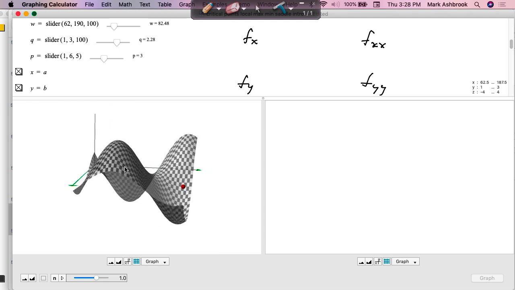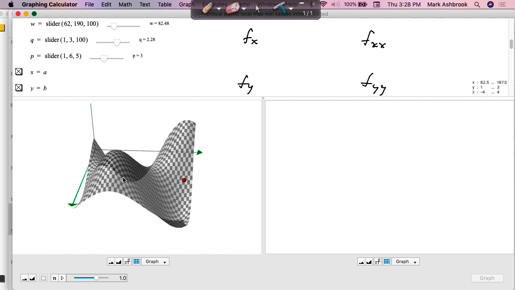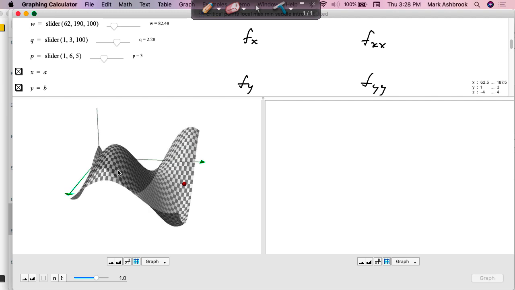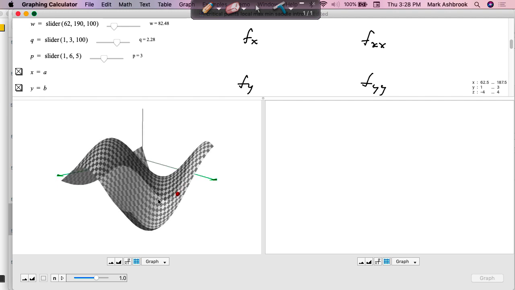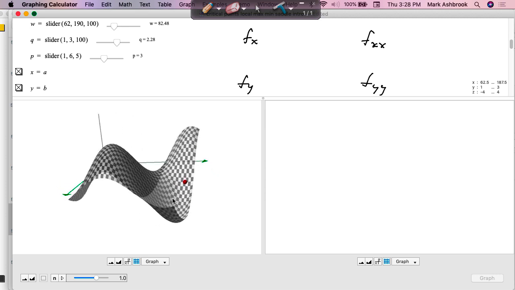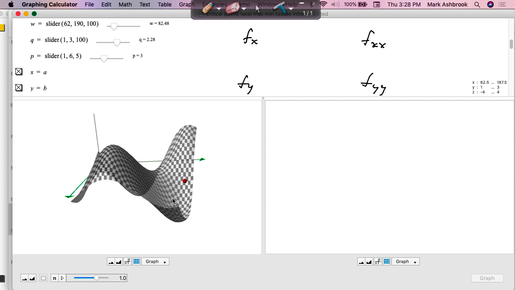I got some curveballs in. So what do you guys, Caden, what do you think about the partial with respect to x? He wants negative for the partial with respect to x. Because? z is going down, exactly.